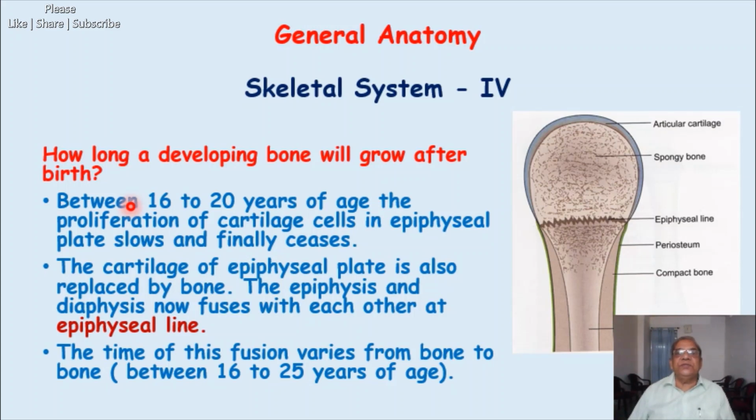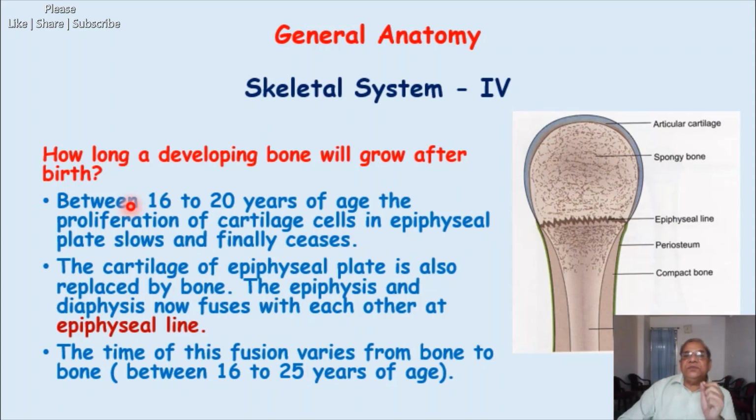So the epiphyseal plate proliferation slows and finally ceases, and ultimately this epiphyseal plate, which was responsible for the growth in the length of the bone, will be replaced by bone itself. So no more epiphyseal plate will be available for growth in length. Thus the cartilage of the epiphyseal plate is also replaced by bone.